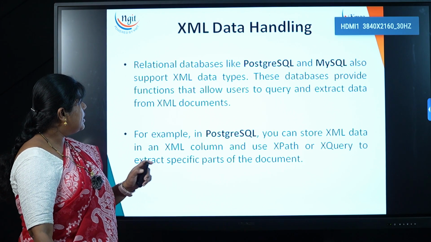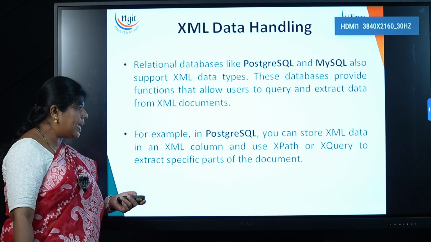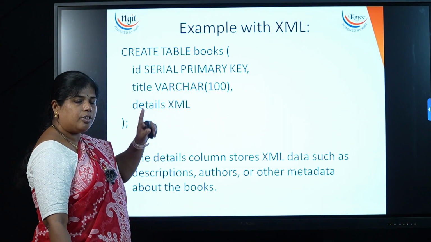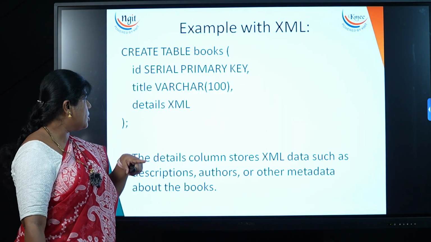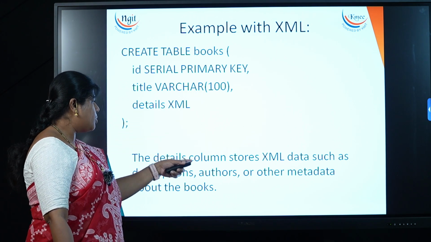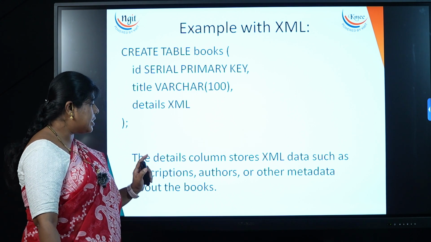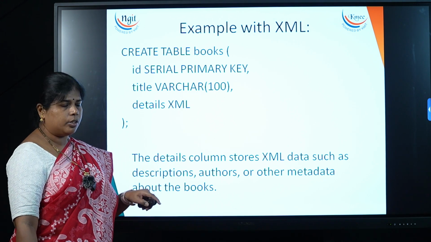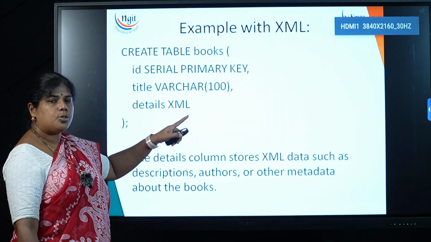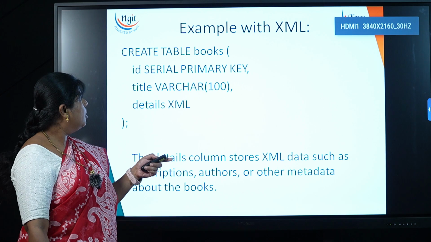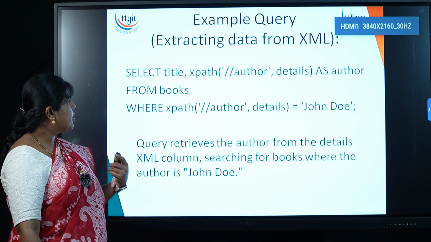In the same way, whenever I go for XML, in XML also you can have the same thing. Initially for the attributes I used JSONB. Now here for the details I am using XML. So XML data is contained in the description, like author and other metadata about my book. The remaining book attributes are stored in hierarchical format using the XML tags. Now how can I extract it?